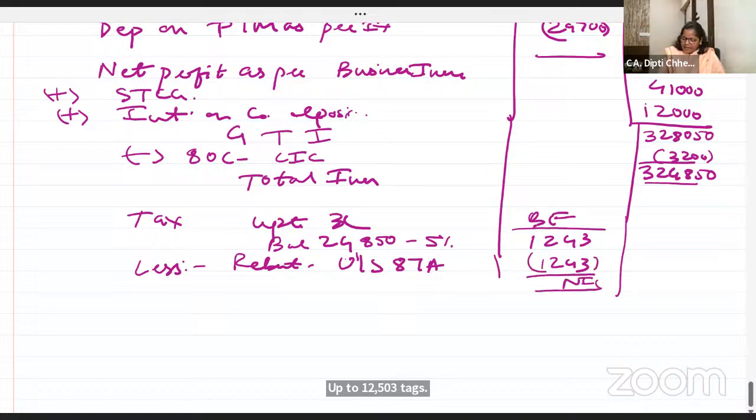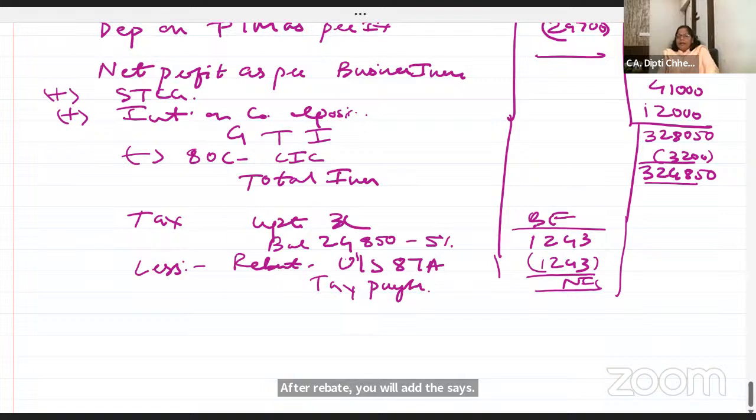So what will be the tax payable? After rebate, you will add the cess. Ma'am, why didn't you add cess here? No. Rebate है तो minus होगा. Surcharge है तो you will add and then you will do.